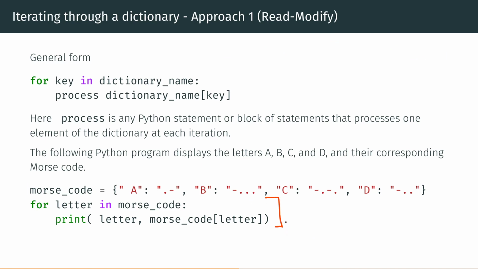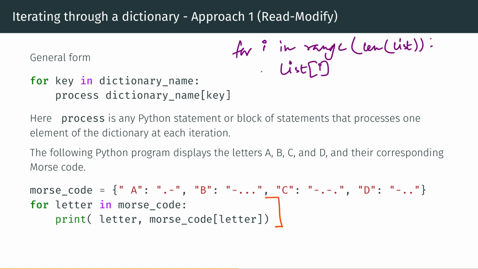Now you might have already noticed that in case of a list, we could have used something like this. You could say for i in range length of the list. Then we say list i.